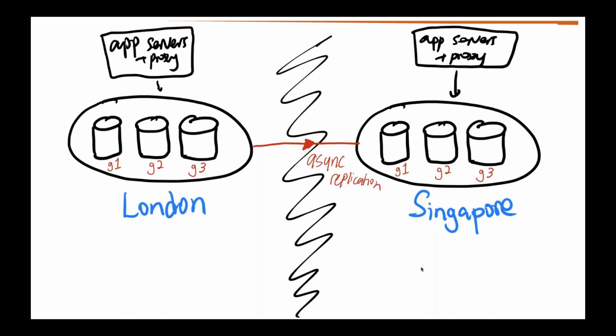And the reason is you have to ask yourself, how much downtime can I really afford to have? And if you really can't afford to have downtime, then maybe you don't want the async replication option. You want the whole Galera 3-node cluster option as well.